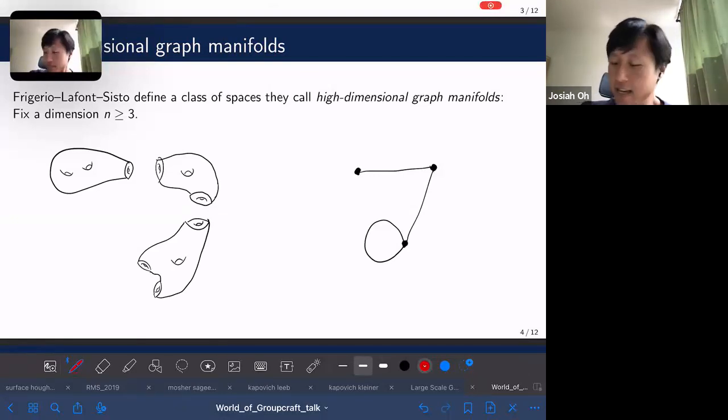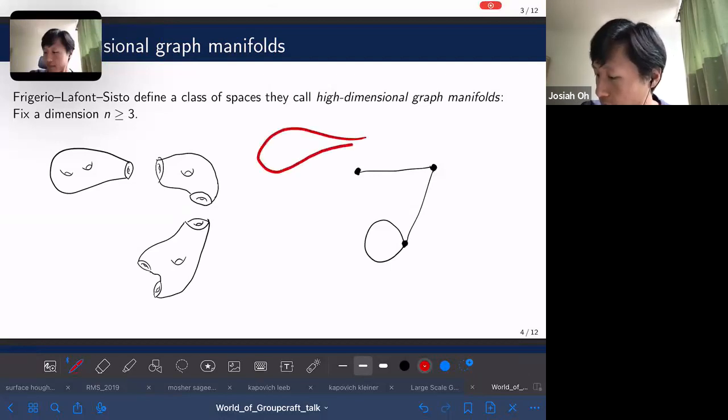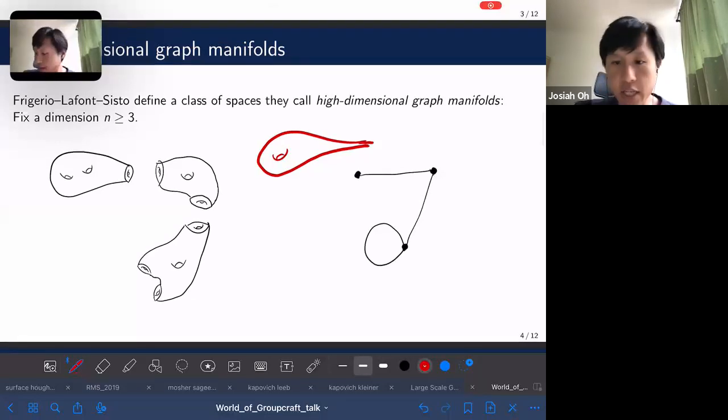Now take a hyperbolic finite volume non-compact manifold of dimension at least 3. So maybe it'll look something like this. Since it's finite volume but non-compact, it's going to have some cusps. Now these cusps are going to be diffeomorphic to a torus times an interval.